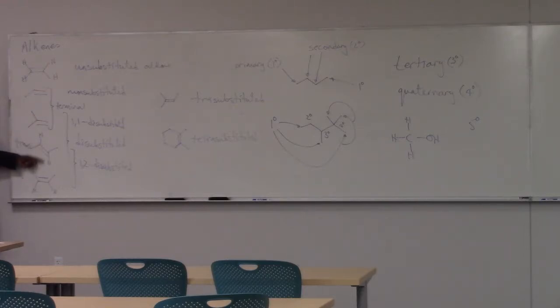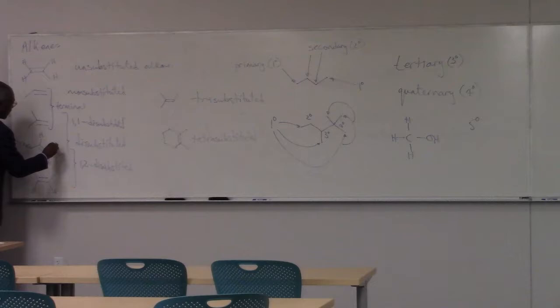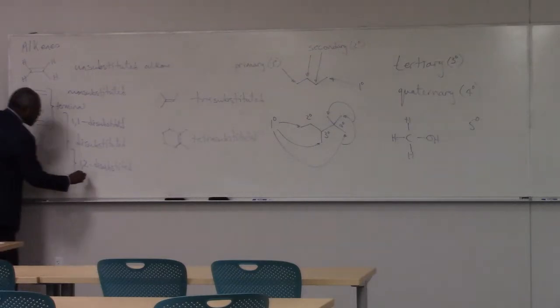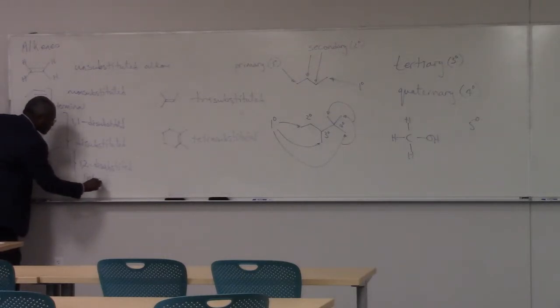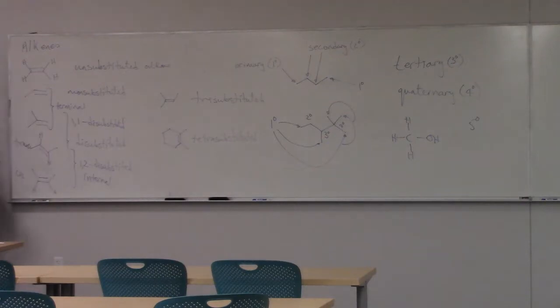I would call these internal alkenes because the double bond is inside the molecule. It doesn't have to be exactly in the middle, right? But it means that the vinylic carbons, the carbons that make up the double bond, are flanked by other carbons. So these are internal double bonds, or the internal alkenes.